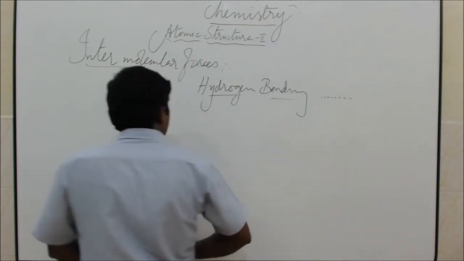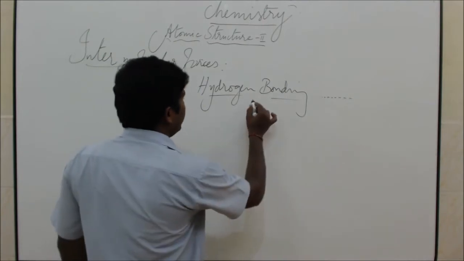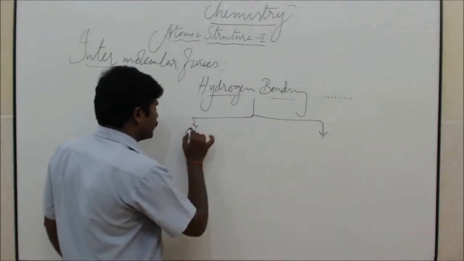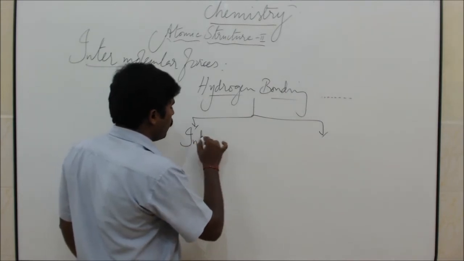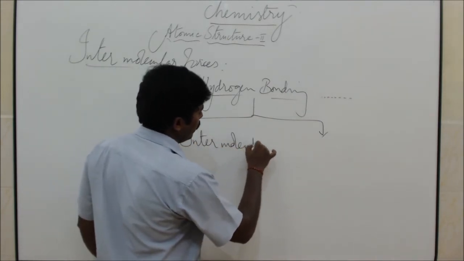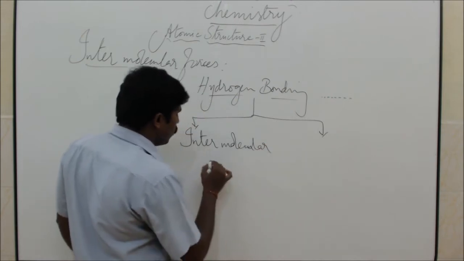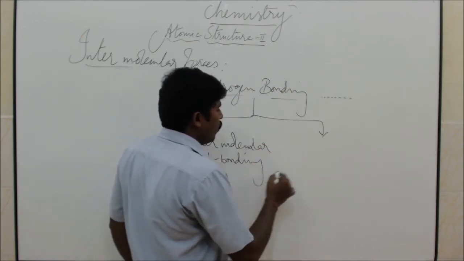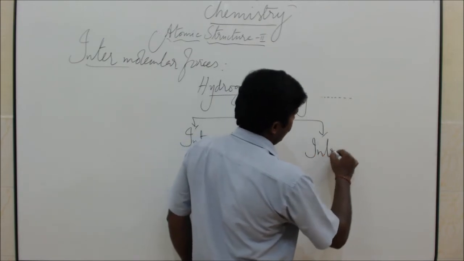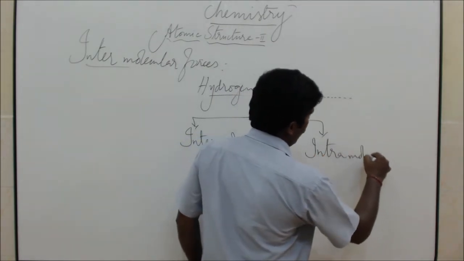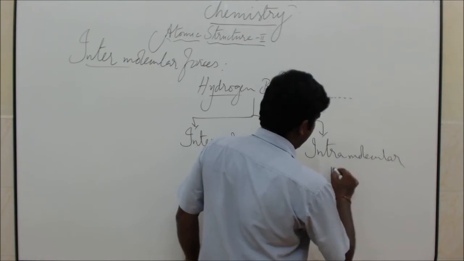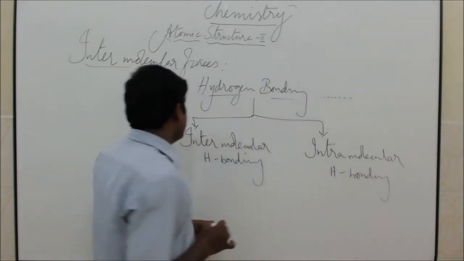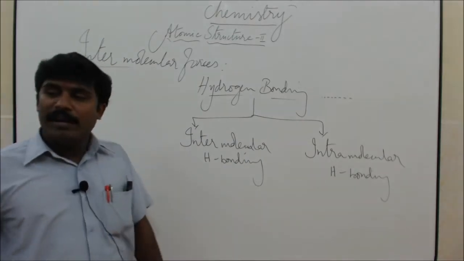Now types. Hydrogen bonding is very broadly divided into two types. One is intermolecular hydrogen bonding. Another one is intramolecular hydrogen bonding.